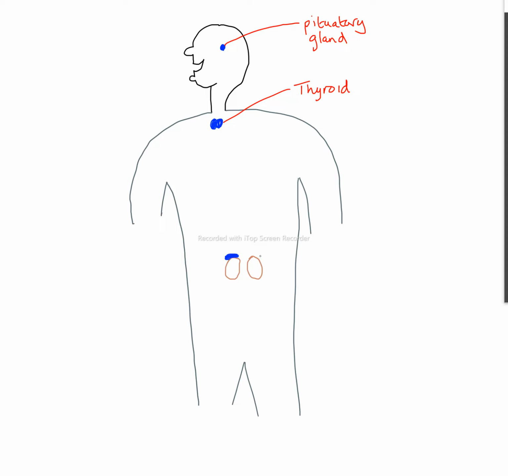Remember what we said about the kidney? Renal. It's related to kidneys. Because they're next to the kidneys, they're called adrenal glands. We'll come back to what they do later.